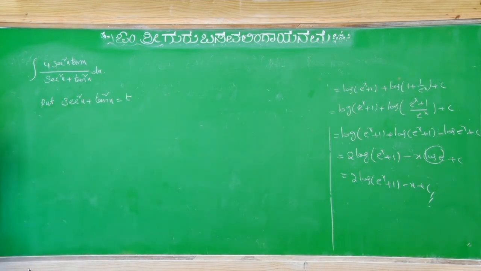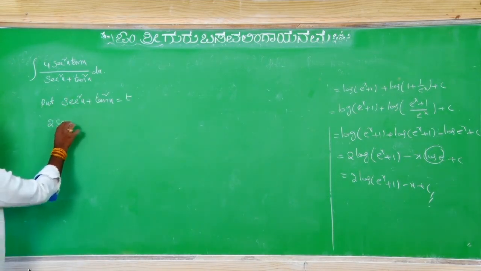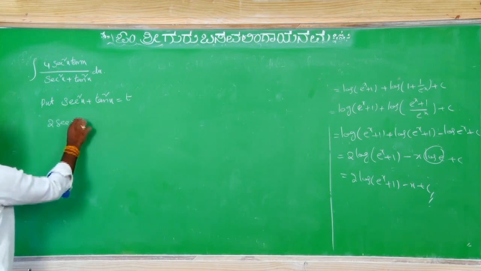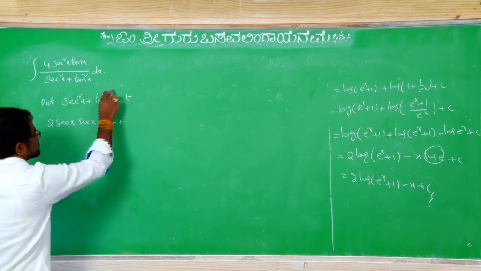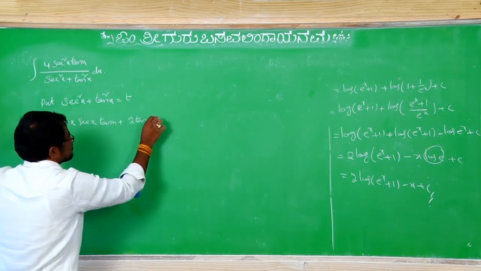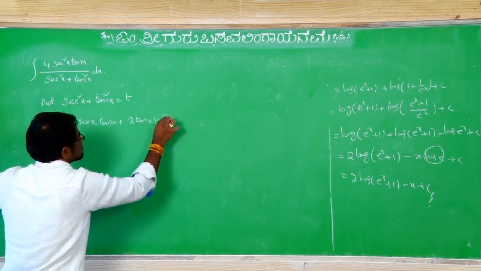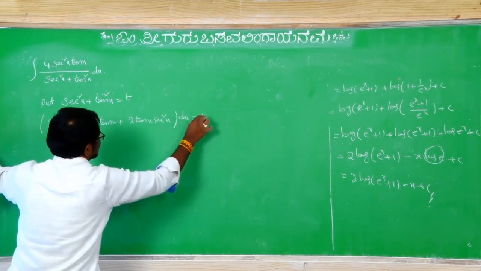Differentiation of secant square x is 2 secant x into differentiation of secant x, which is secant x into tan x, plus differentiation of tan square x is 2 tan x, and again differentiation of tan x is secant square x, dx equal to dt.